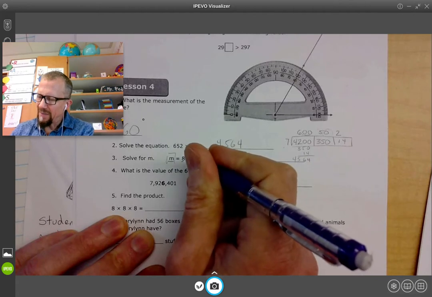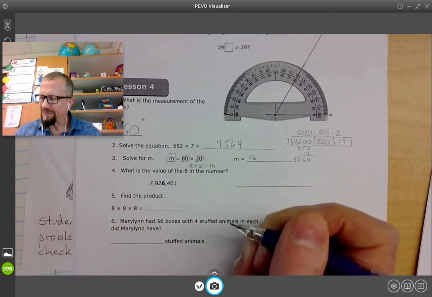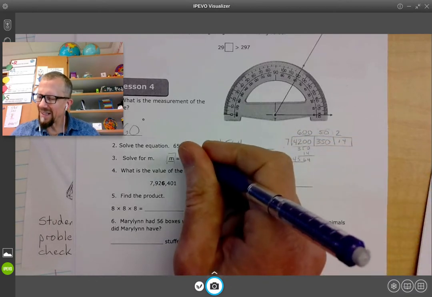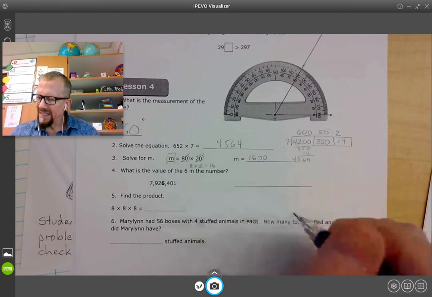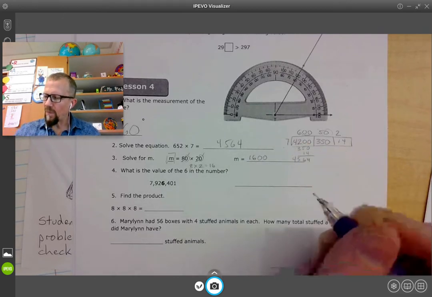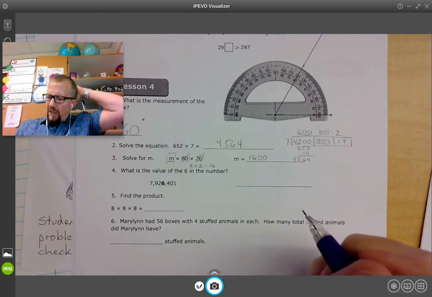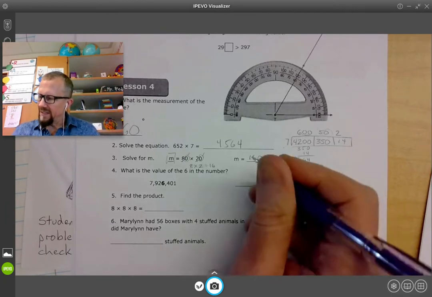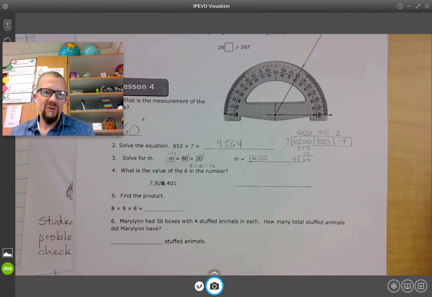And the trick here, the pattern here is these are both tens, and 10 times 10 is 100. I can also think I've got 2 zeros. I'm going to place the 2 zeros. So 1,600. So 80 times 20 is 1,600. So m is 1,600.